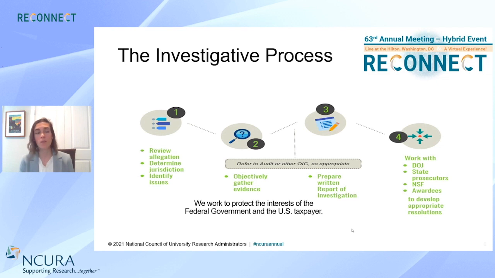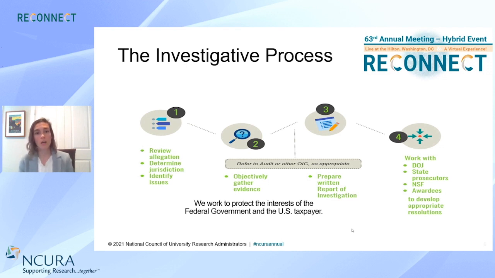One of the things we like to always let people know is that in investigations we are objective fact finders. We're not the decision makers. We want to make sure that we have all information related to those allegations so that we can move the case to a logical resolution.